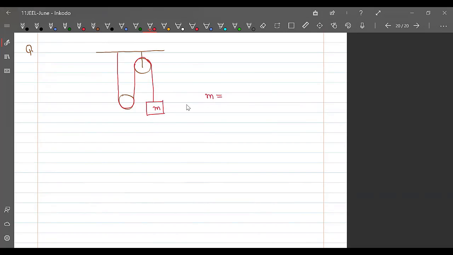This block का mass is M1, block का mass is 10 kg. And there is another block here, जिसका mass है M2. So the question is, find M2 such that system remains in equilibrium. Means कोई भी net force ना हो, net force हमेशा 0.